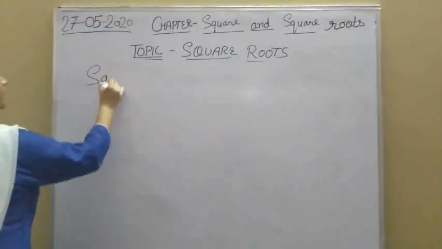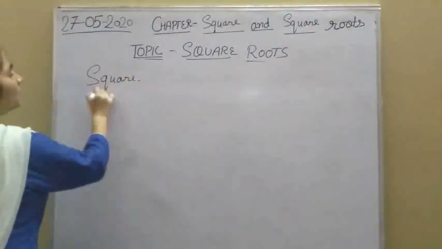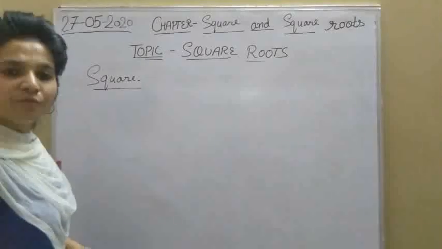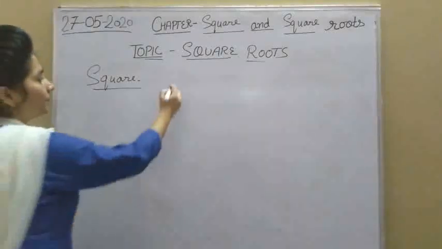What do you mean by the square of a number?